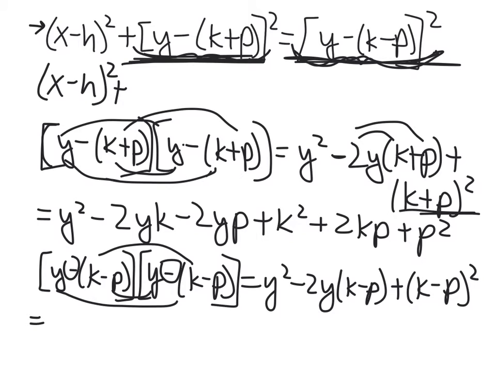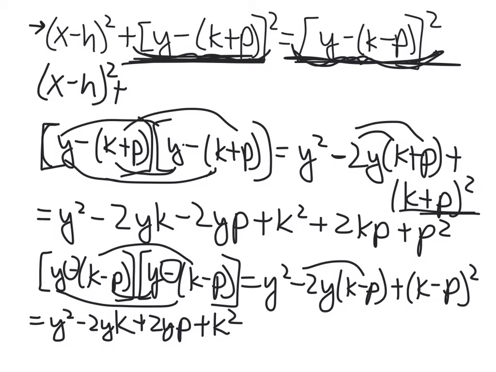So, a little more algebra: y squared minus 2yk, and then plus, we've got a negative times a negative, so plus 2yp. And then our k minus p quantity squared, we'll have plus k squared minus 2kp plus p squared.